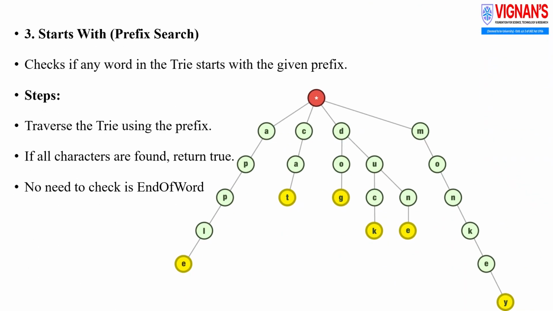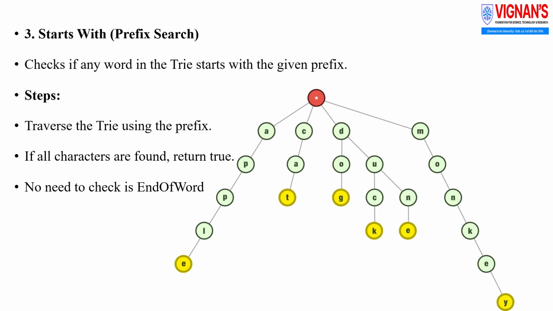Starts with, prefix search. The starts with operation, also called prefix search, checks whether any word in the trie begins with a given prefix. To perform prefix search, we traverse the trie using the characters of the prefix, starting from the root node. For each character in the prefix, we move to the corresponding child node.